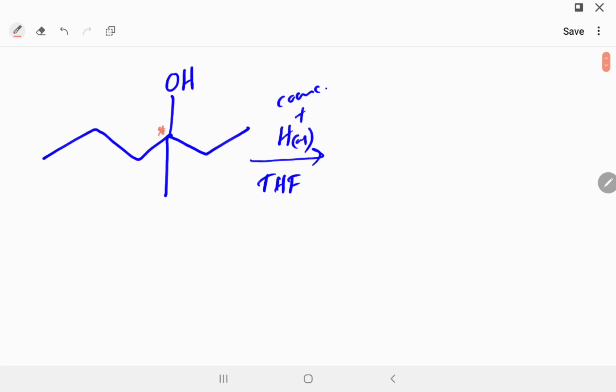So if you use this hydrogen right here, that means you are going to have a double bond between this carbon and this carbon. So your product will be something like this. Now you have a double bond here. Then of course you're also going to have a CH3.